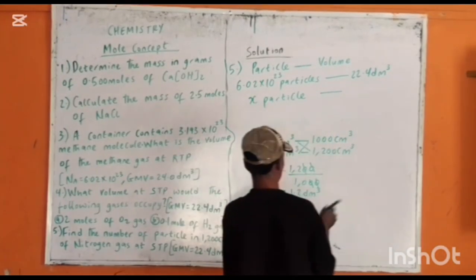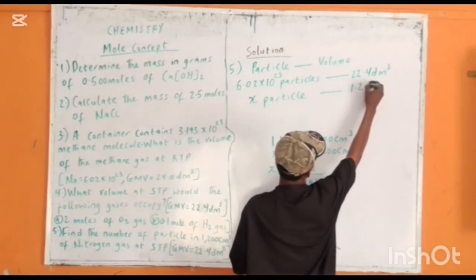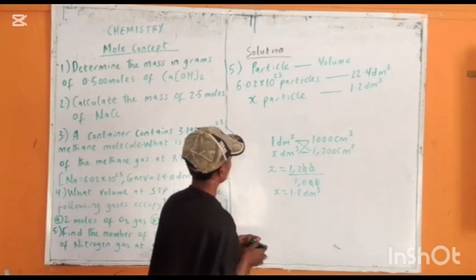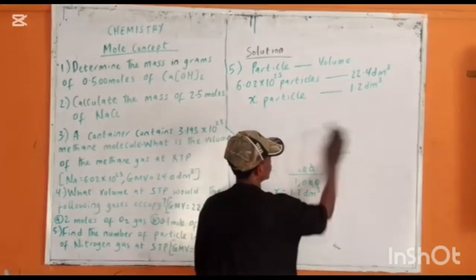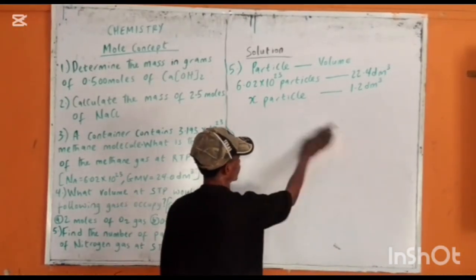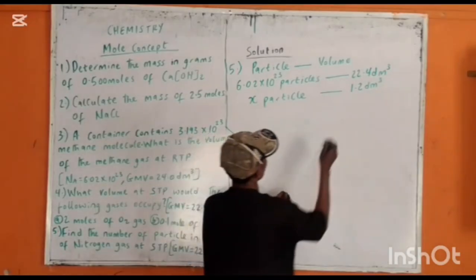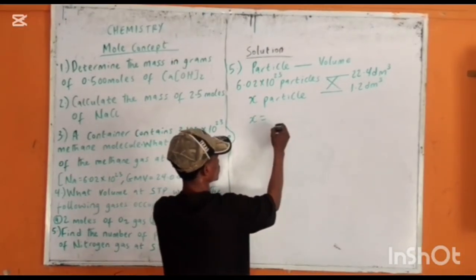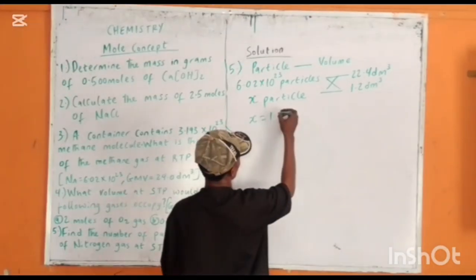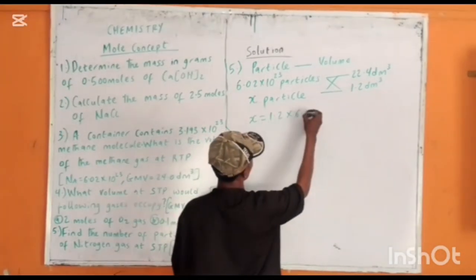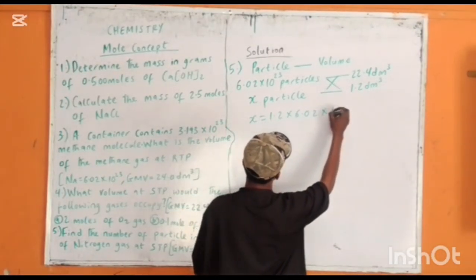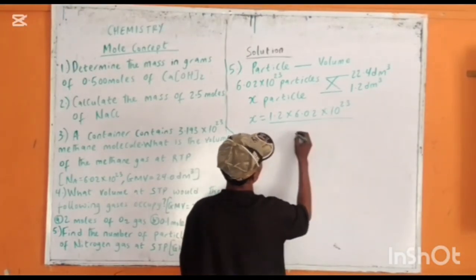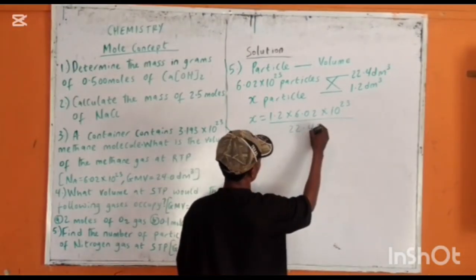So I'm having 1.2 dm cube. So what's the next thing here? Cross multiply. So my x equals to what? 1.2 multiplied by 6.02 multiplied by 10 raised to the power 23 over 22.4.